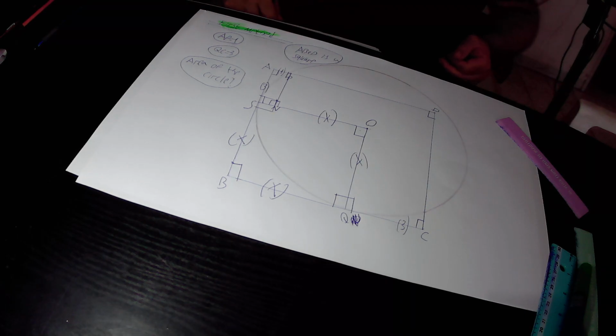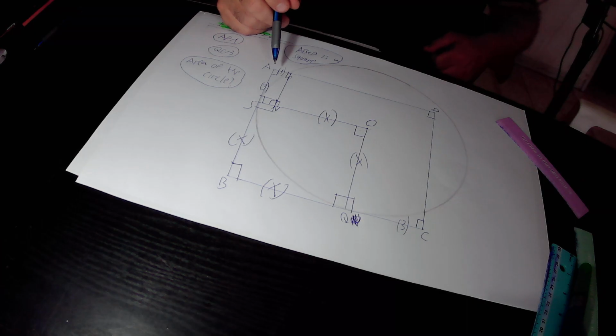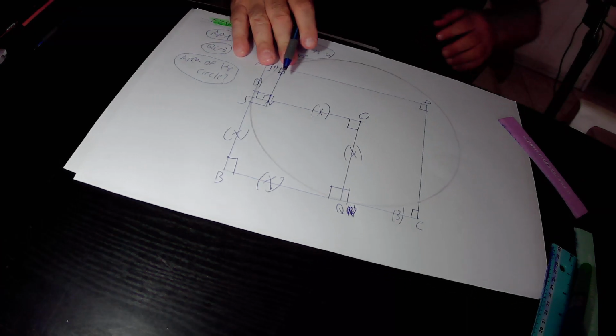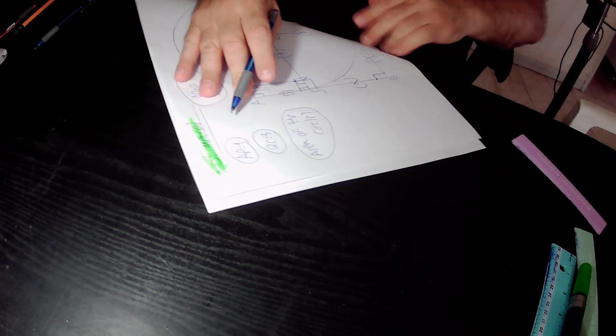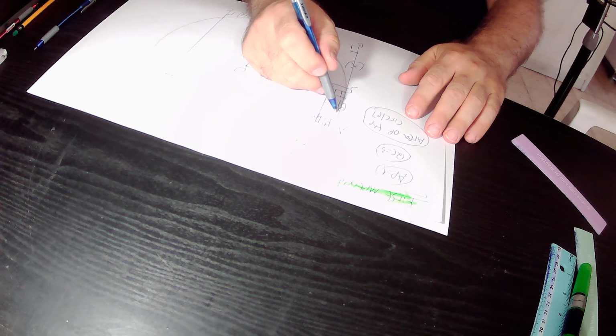According to rule 5, any quadrilateral that has 4 right angles must be a rectangle or a square. So quadrilateral APSN is a rectangle because it has 4 right angles.